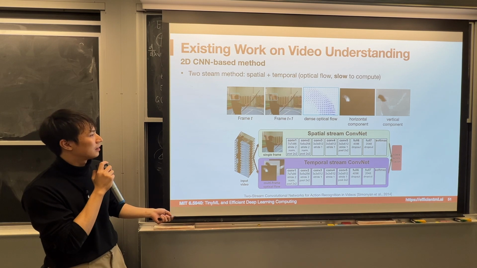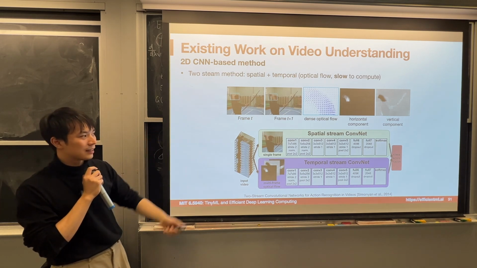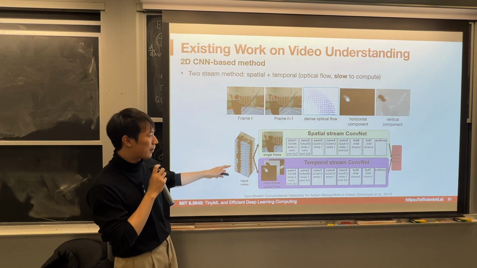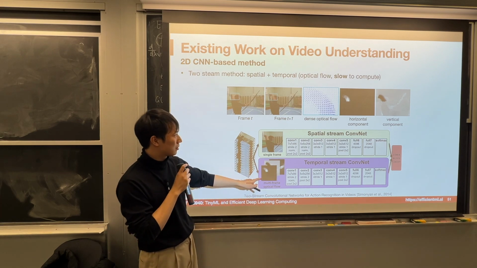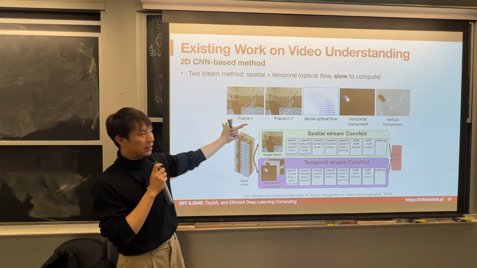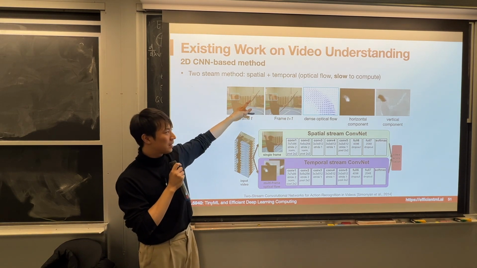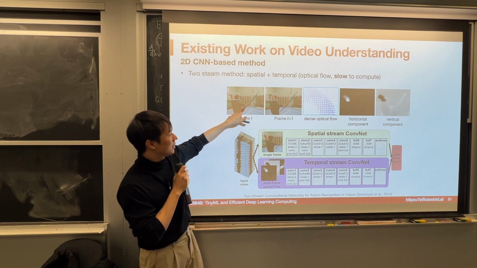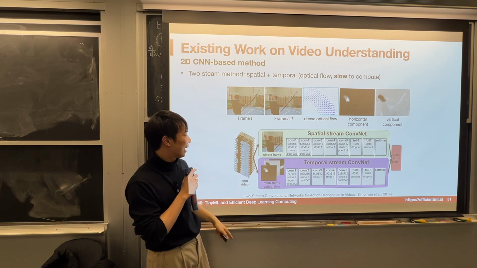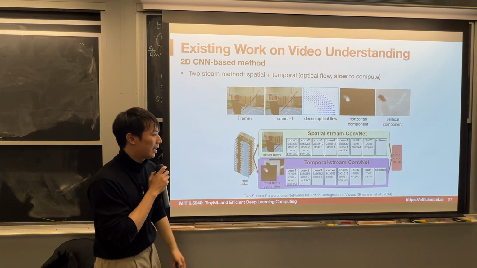And the second thing, if you still want to use 2D CNNs and consider temporal information, one thing we can do is called two-stream CNNs. So apart from the RGB inputs, we also calculate the optical flow. Optical flow basically means that for given two frames, we're trying to compute the movement of each pixel in the frames. For example, this is the dense optical flow for each location, and you can feed those optical flows into another 2D CNN stream and aggregate the scores.